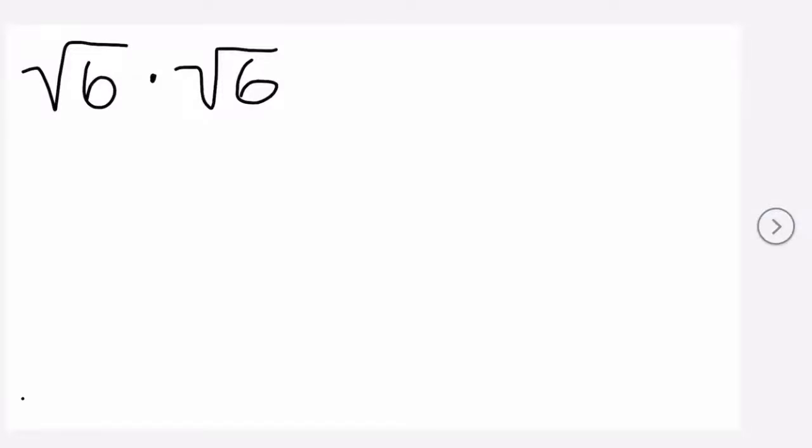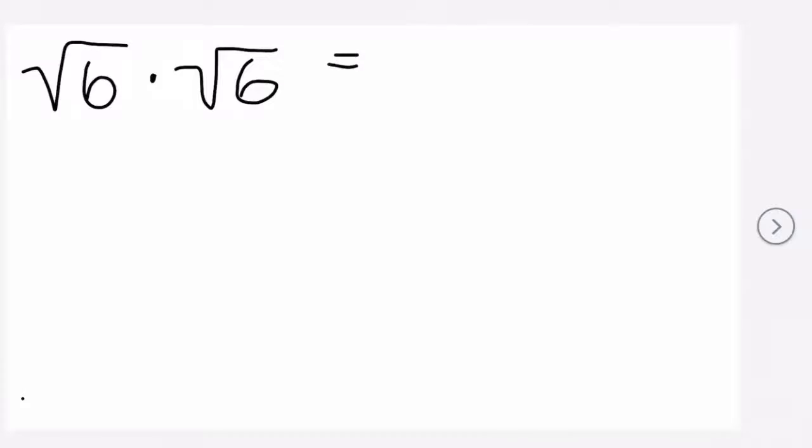If I have two non-perfect square roots, the square root of 6 times the square root of 6, those are two irrational numbers. I am multiplying an irrational times an irrational.